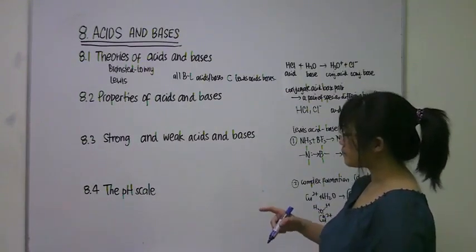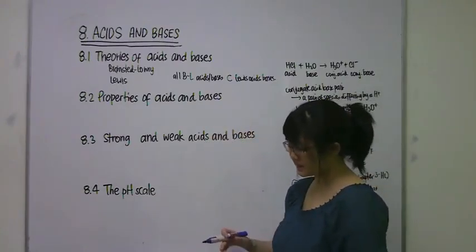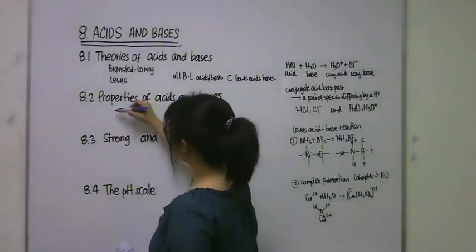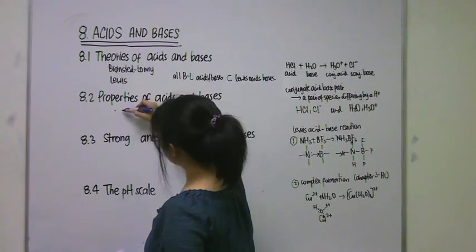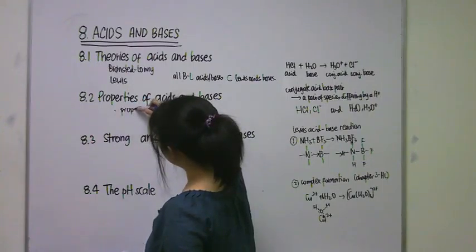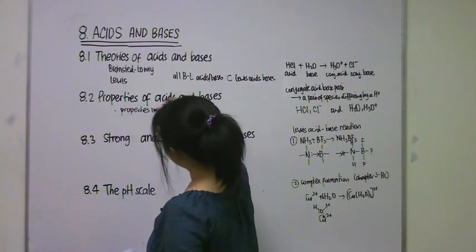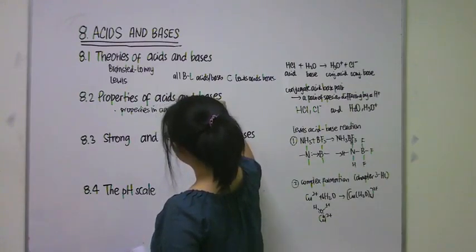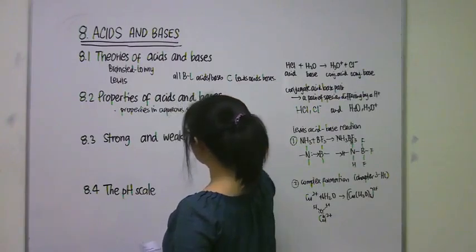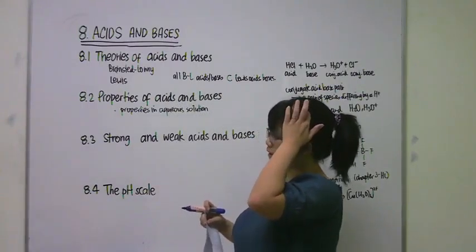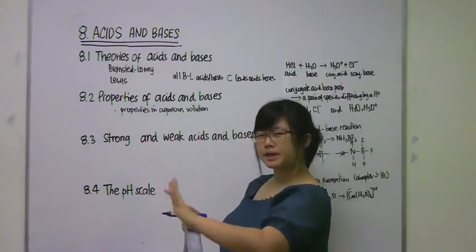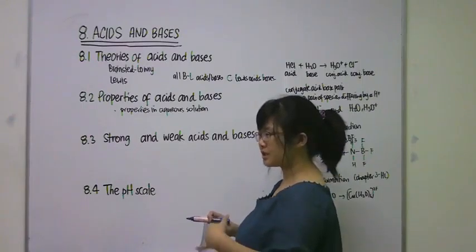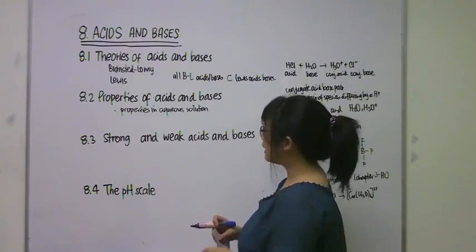Okay. Now for the properties of acids and bases, you need to explain to them the properties in aqueous solution. Okay, so for example, their solubility: certain bases are soluble, certain bases are not soluble, and the soluble ones are called alkali.